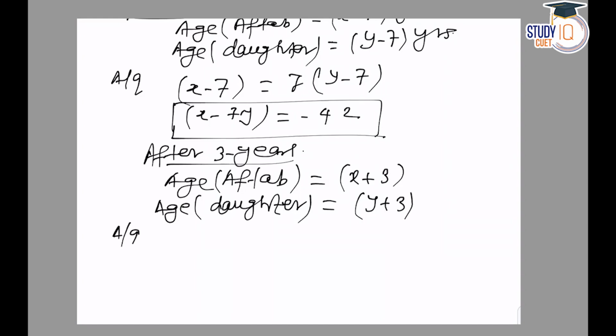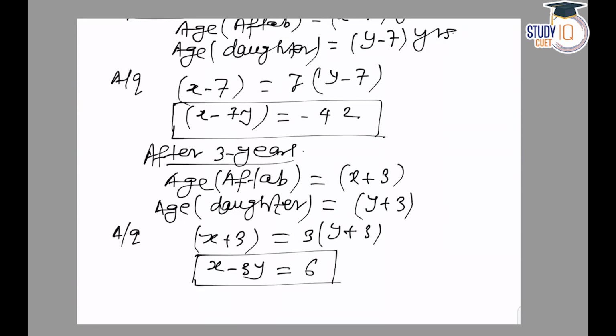Again according to the question, x plus 3 equals 3 times (y plus 3). So here we get x minus 3y equals 6.